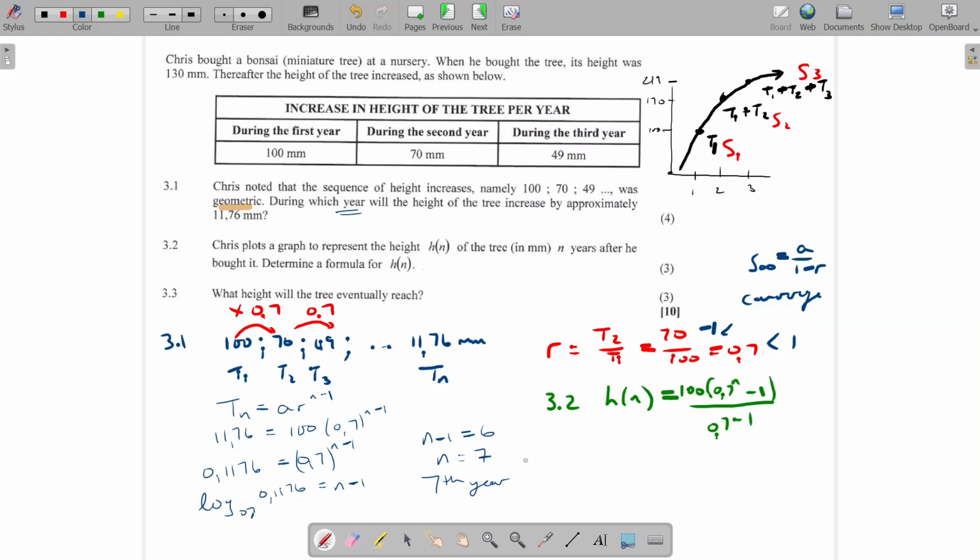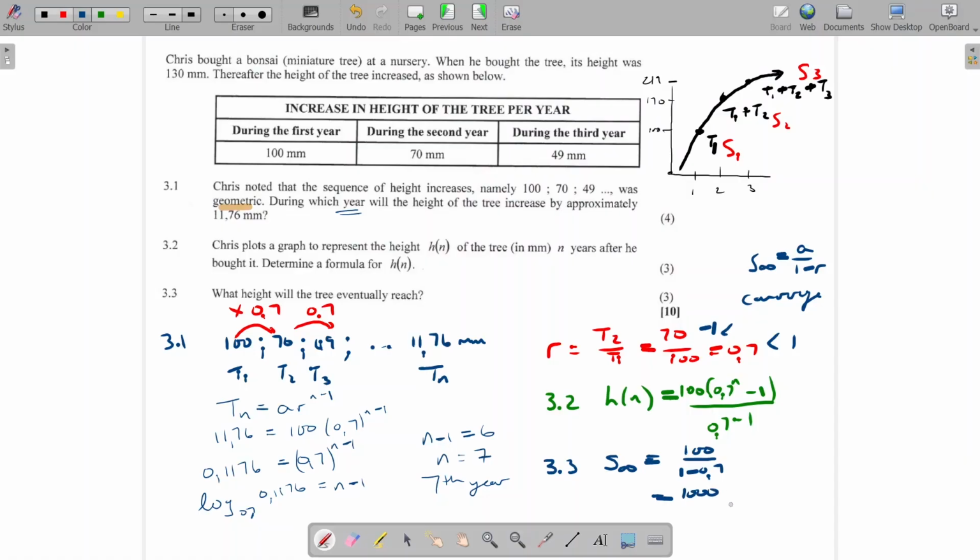So now 3.3 is not massively complicated in this case again. It's just a case of making sense of all the writing. Okay, this tree's maximum height will be the sum to infinity of all the increases of the growth from each year. And so it's going to be 100 over 1 minus 0.7.